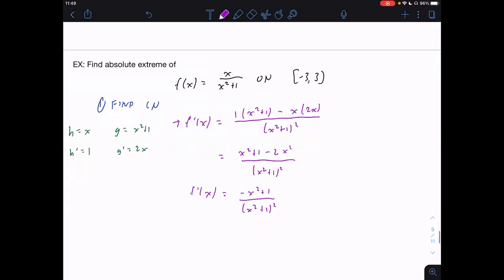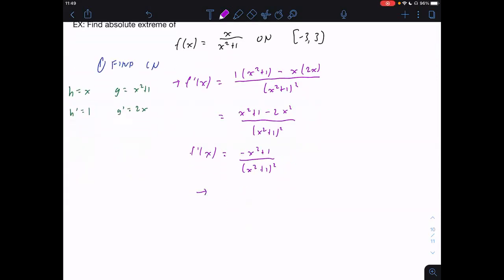All right, so now let's set this equal to 0 to find our critical values. Negative x squared plus 1 over x squared plus 1 squared.